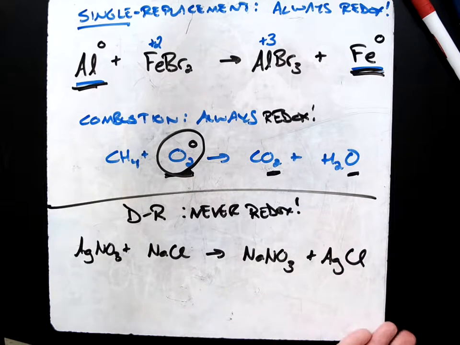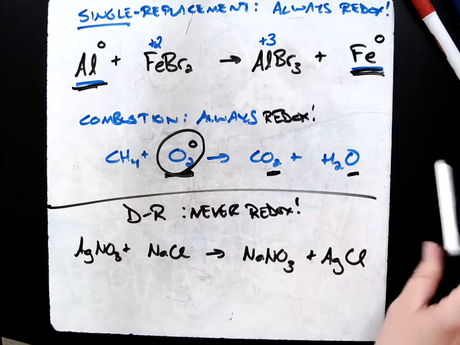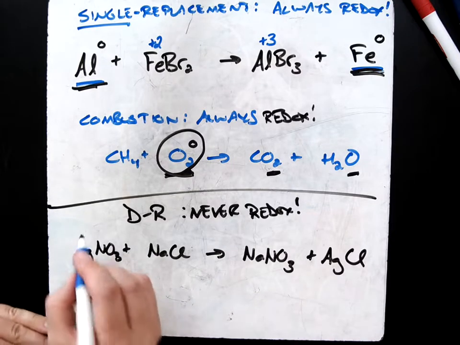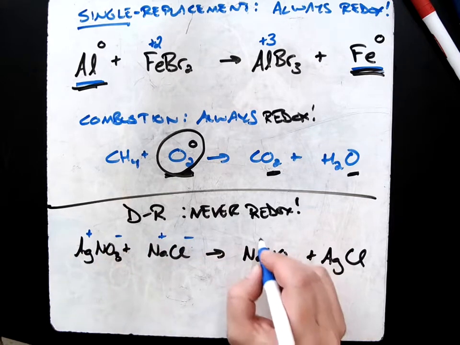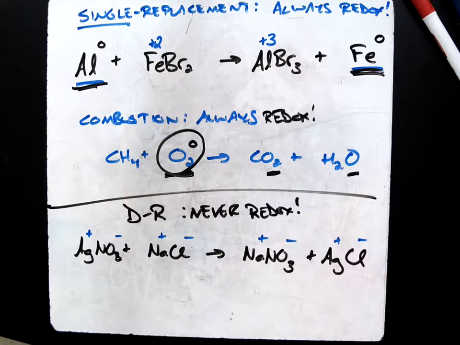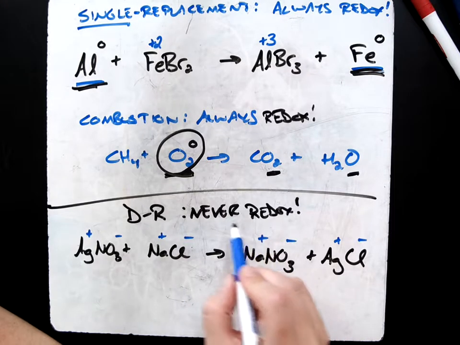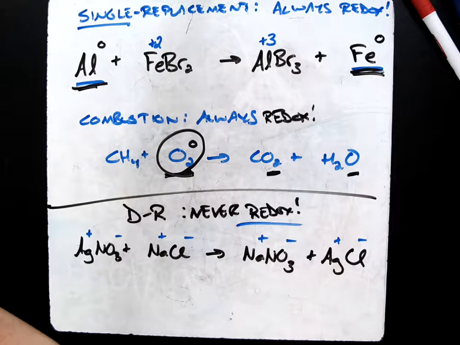Do you see any pure elements alone that would be 0? Nope, I don't. If I went through and figured out all their charges, this would be like +1, -1, +1, -1, +1, -1, +1, -1. So even though there's an exchange of atoms and ions, there are not any electrons being traded behind the scenes. Charges do not change, and that's why it's not a redox.